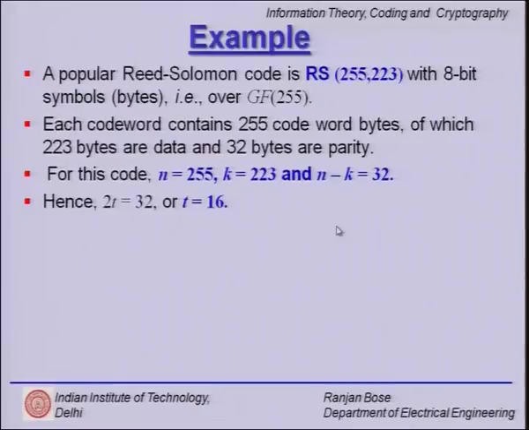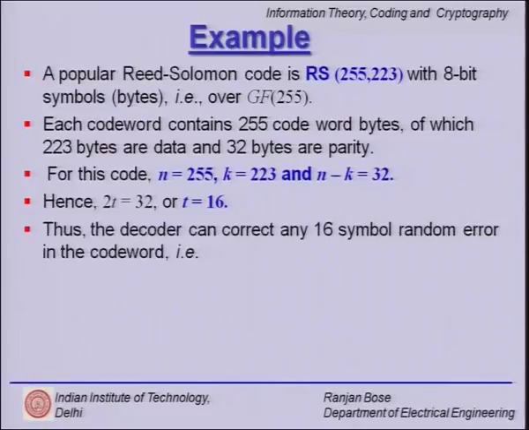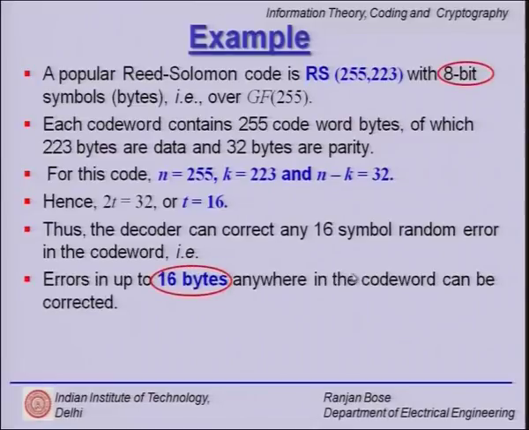So, n minus k is 32, so 2t is 32 or t is 16. So we worked it out the other way around, and just by looking at this n comma k, I can predict that t is equal to 16. So, it can correct 16 errors, but these are 16 symbol random errors. Consequently, this code can correct up to 16 bytes anywhere in the code word.